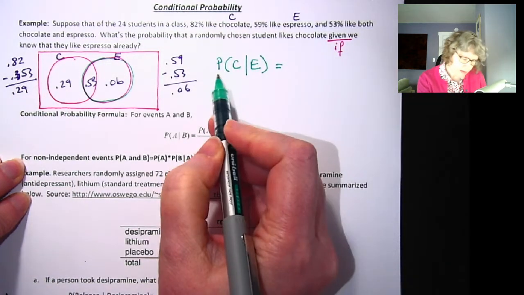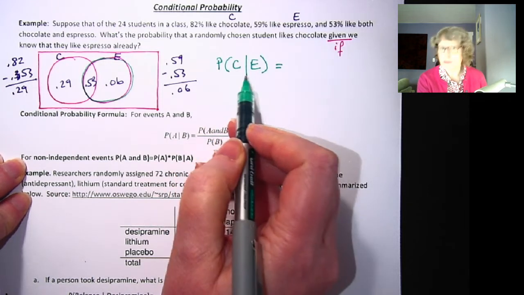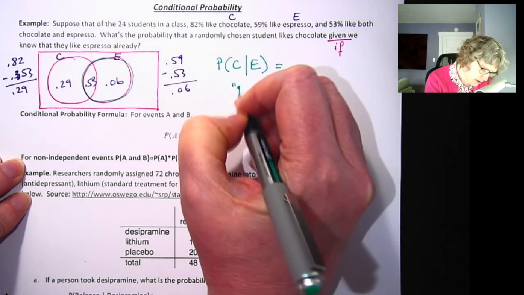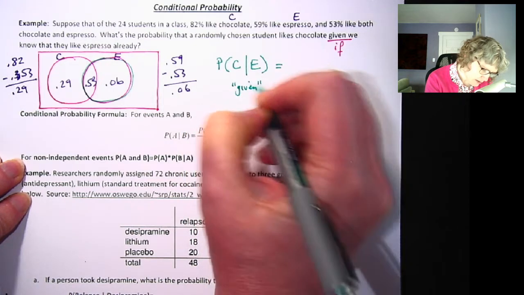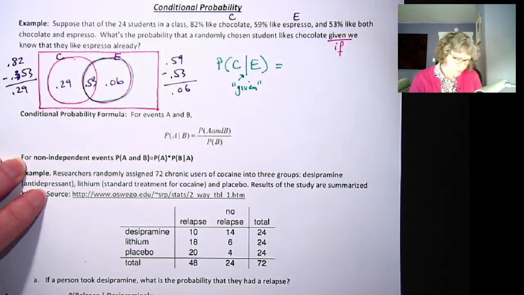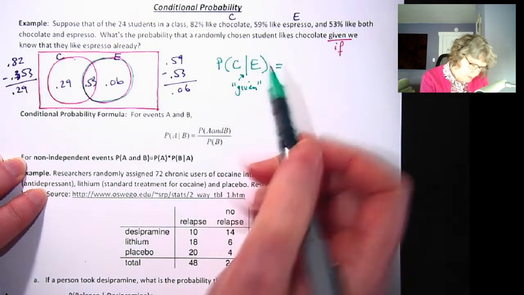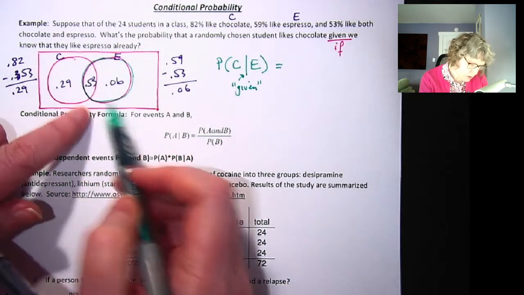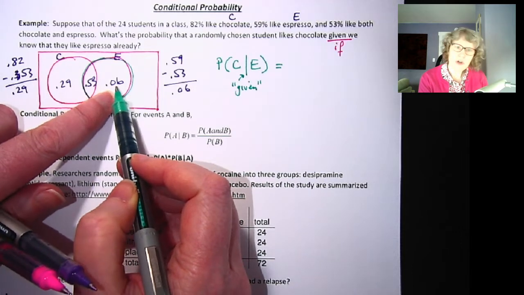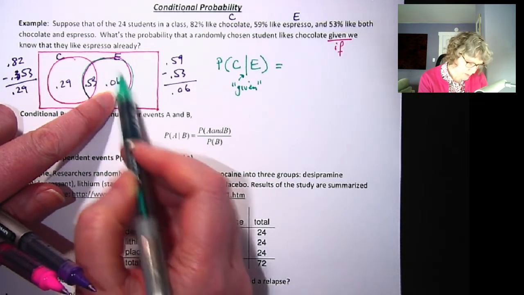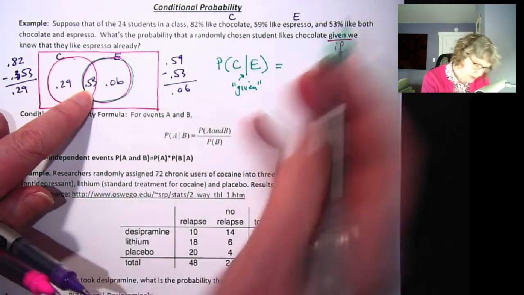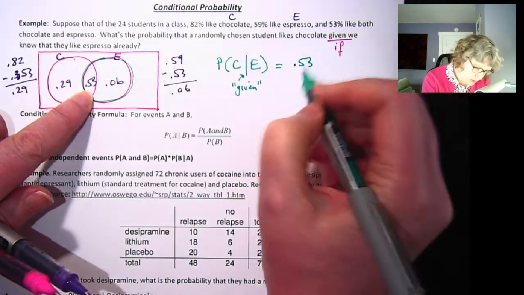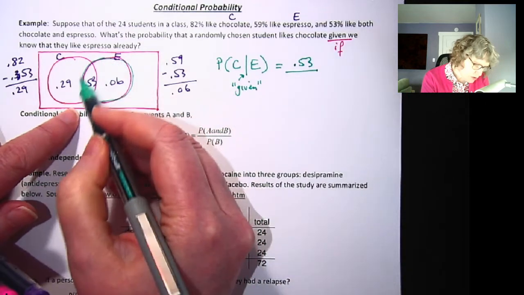So this is read the probability of C given E, or chocolate given espresso. This bar literally means given. Okay, so what's the probability they like chocolate? So in terms of this circle only, these people, 0.06, only liked espresso. So it's the 0.53 who like chocolate because they like both, over our total circle.